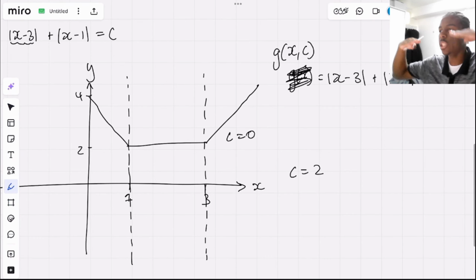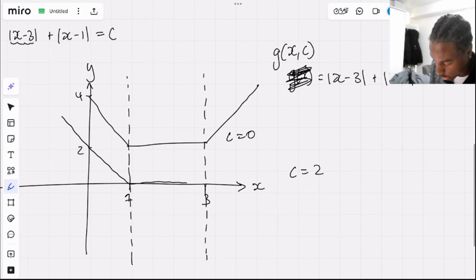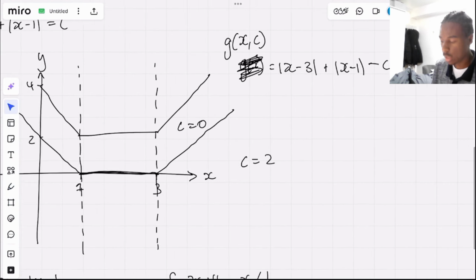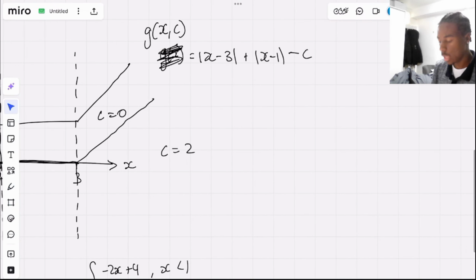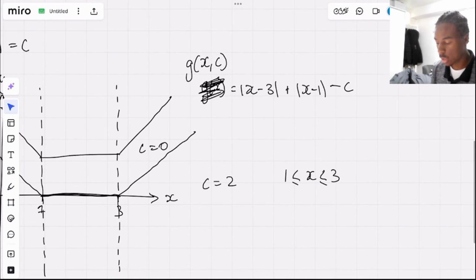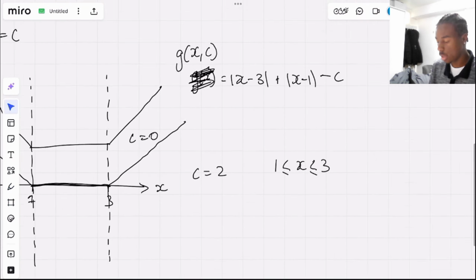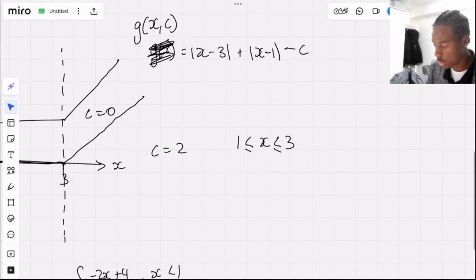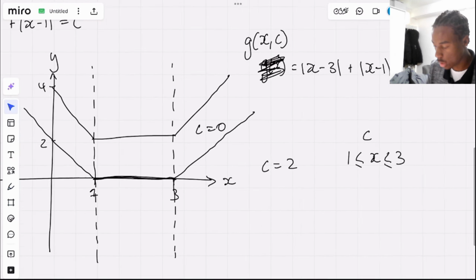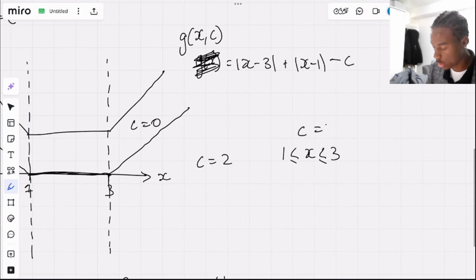Our graph gets shifted down by 2 units. So we're going to have something like this. And we see that for all x in this range, x is a root. Okay? So this is for c equals 2.